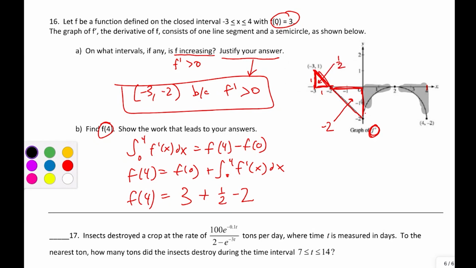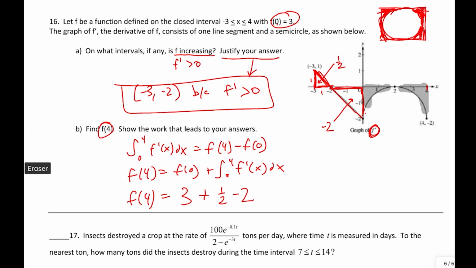To figure out this extra negative area, let's think about how we would find the area of a square, but just the area that's not being covered up by the circle. So in other words, all this area. We want the area of the frame.